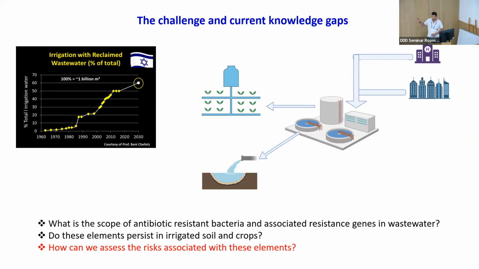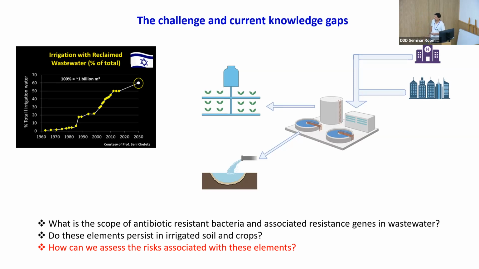It's very important to realize that bacteria themselves aren't the only culprit, because bacteria have the capacity to transfer genes through horizontal gene transfer, and many of these antibiotic resistance genes are located on plasmids. We have to look at the resistance genes as contaminants of emerging concern, not just bacteria.